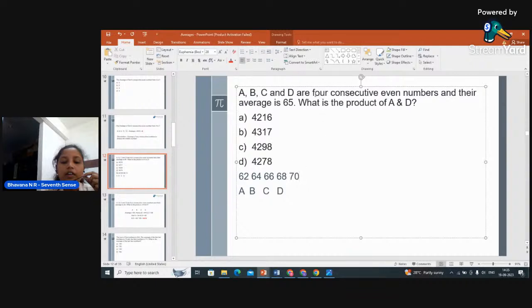They have mentioned clearly only four consecutive numbers. If they had given five consecutive numbers, it would continue. So here the answer is 4216, the product of 62 into 68.